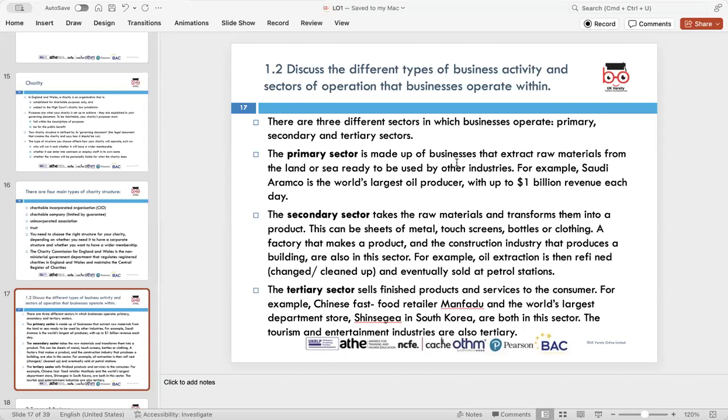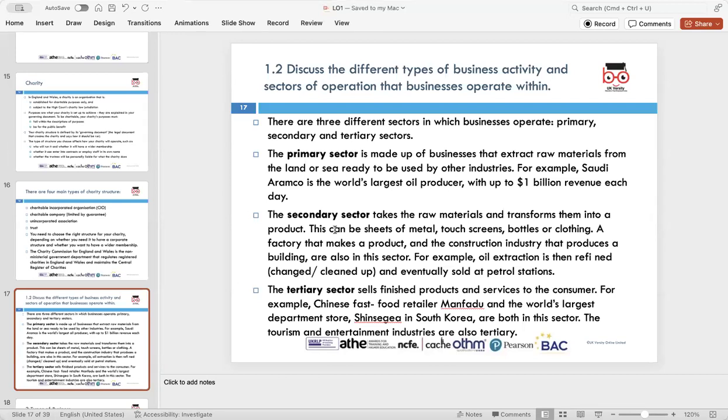When we talk about the secondary sector, raw resources are transformed into products after being taken in by the primary sector. Pieces of metal, touch screens, bottles, or even clothes could fall into this category.